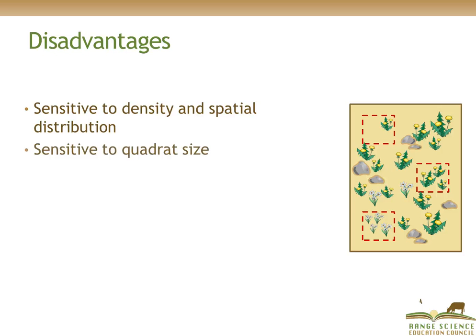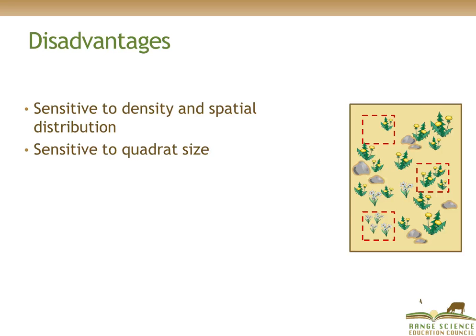It is sensitive to quadrat size, and that's an important feature because sometimes we may need to use different size quadrats if there is a change in the vegetation and we want to continue monitoring the plants.